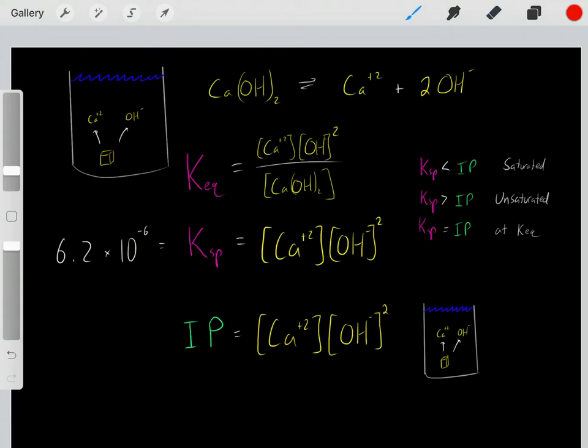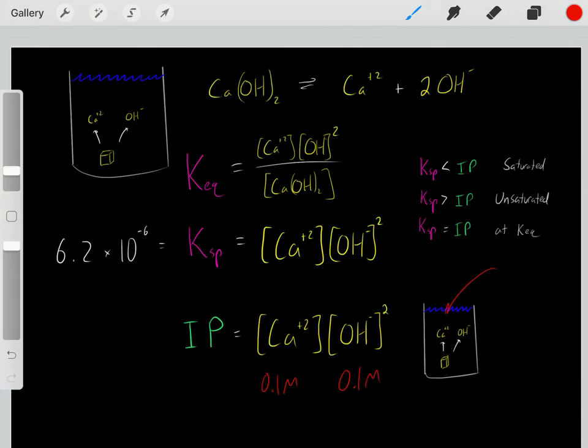However, let's say we have a different situation where we just dumped in a lot of these ions. Instead of having a solid and letting it dissolve, we dumped in a lot of calcium ions and a lot of hydroxide ions. Let's say the concentration of calcium ions was 0.1 molar and the concentration of hydroxide ions was 0.1 molar.